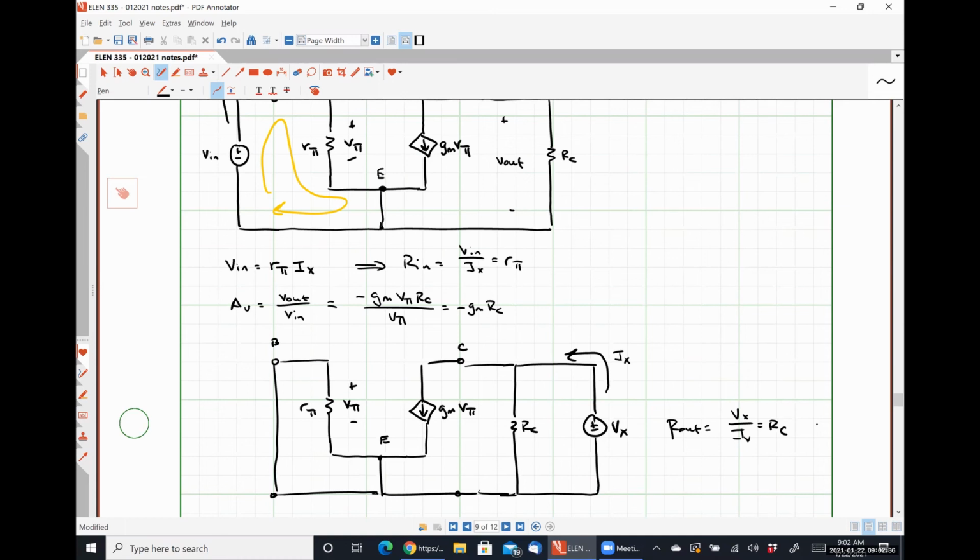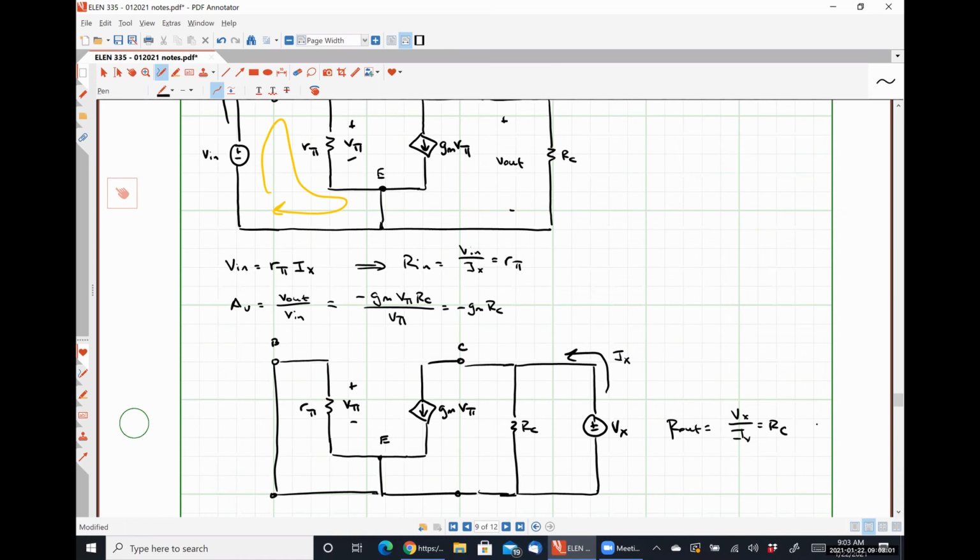So there are a couple of things that we can think about, okay? One thing that we need to notice is that our small signal voltage gain is negative, okay? So what that means is that if we raise the base voltage, the collector current has to decrease, all right?